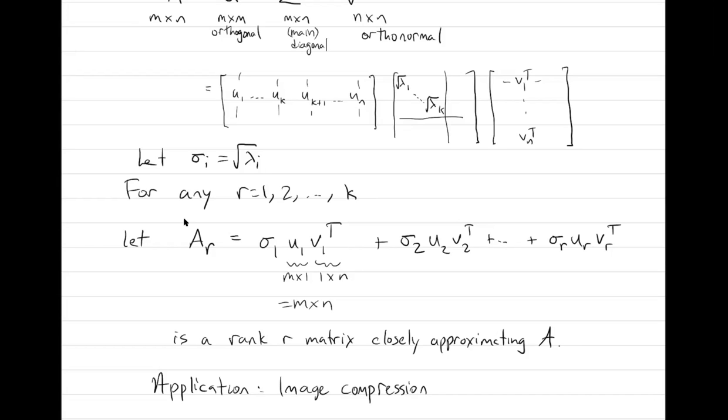And then if we compress to rank 20, that would be taking the first 20 columns, the first 20 singular values, the first 20 rows of V, then we get a little bit of a better image. And then if we go to 100, even crisper. And then if you do 250, it's even better.